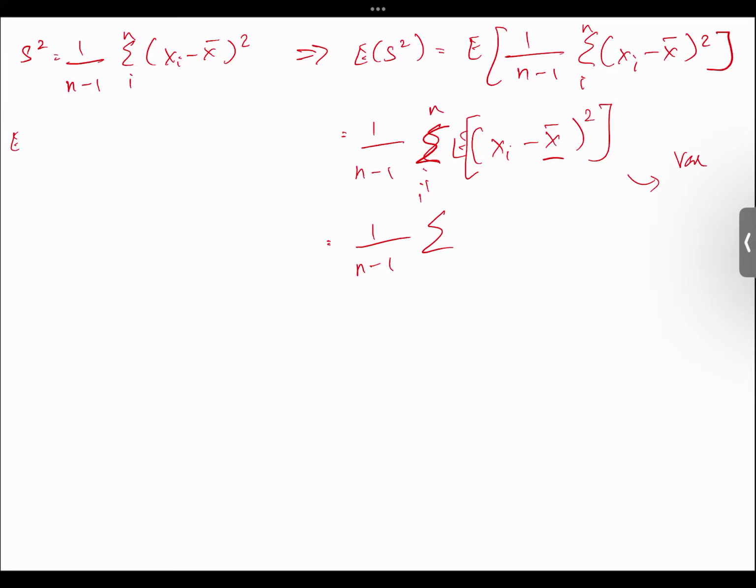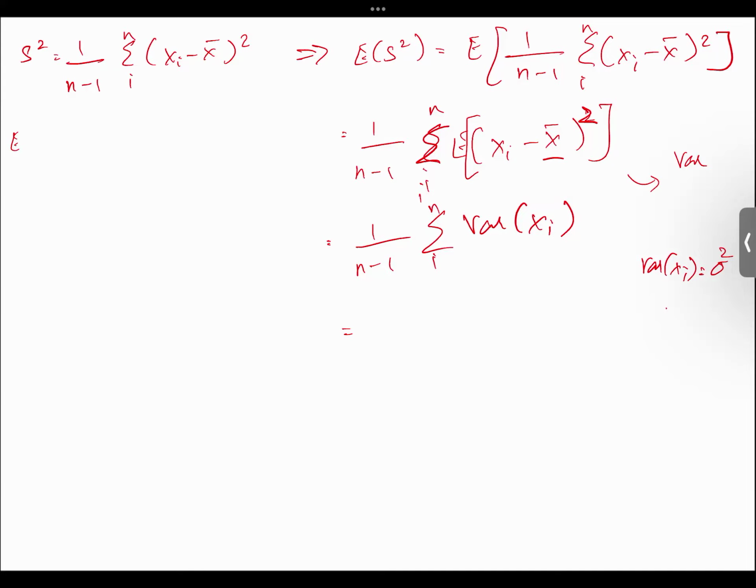So this deviation is your variance, and this whole thing can be replaced by the variance of xi, for i to n. So the variance of xi is equal to sigma square, right? The variance of any x is sigma square.